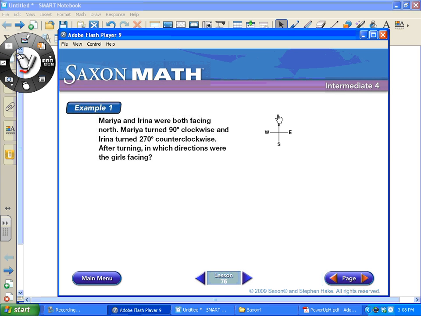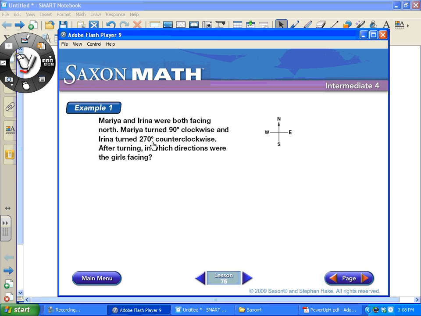She was also facing north, but she turned 270 degrees counterclockwise. Now, counterclockwise means opposite of clockwise, so that is to the left. Now, think of your 9 multiplication facts. Okay, 9 times 2 is 18. That'd be 2 hops around, that'd be 180 degrees.